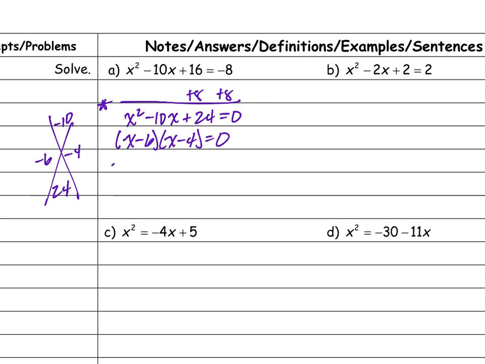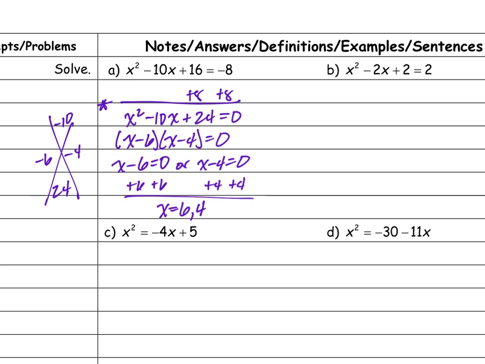So that means that either x minus 6 equals 0, or x minus 4 equals 0. And so I'm going to add 6 here, and I'm going to add 4 here. And that means that x either equals 6 or 4. Beautiful.